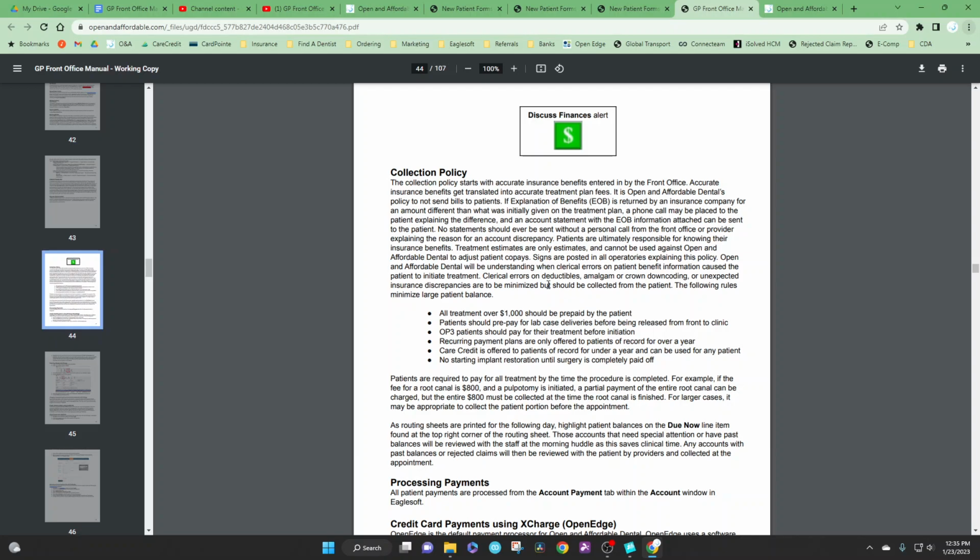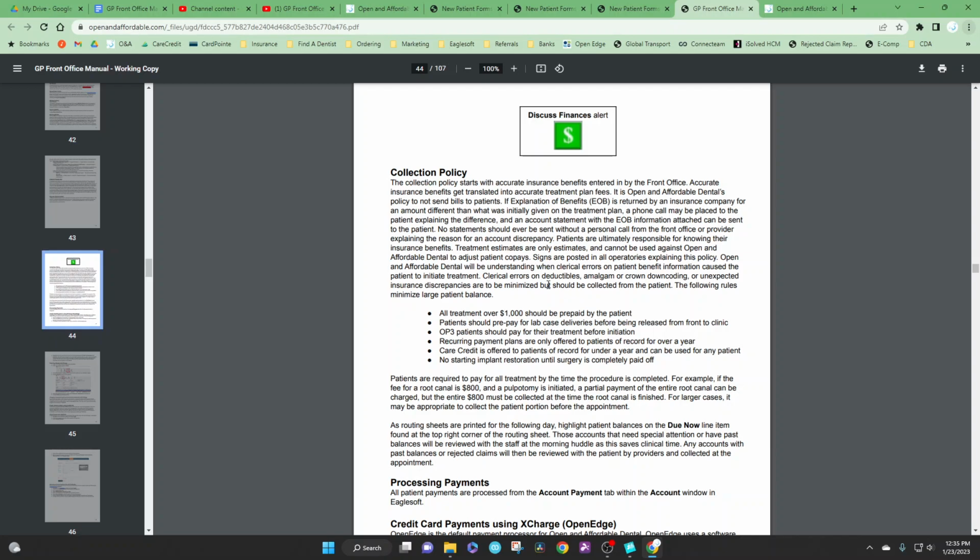So we try the best that we can among the fronts and among the doctors to come up with a treatment plan that estimates the amount that the insurance is going to pay. But if the insurance doesn't pay, the patients are responsible for that remaining balance.